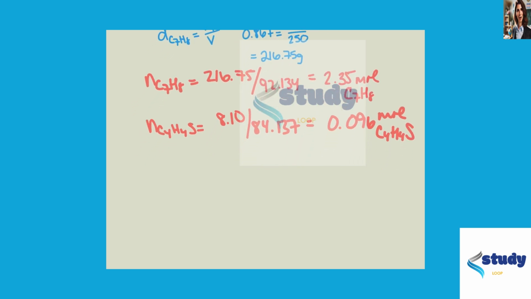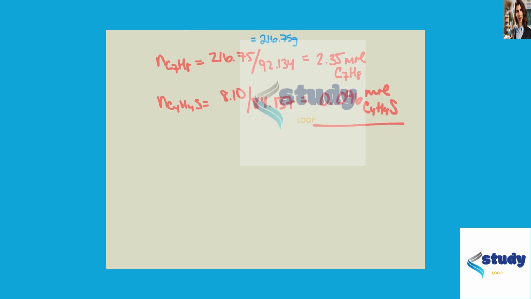So the total number of moles in the solution is going to be 2.446 moles. To find our mole fraction, we're going to divide 0.096 by 2.446, which gives us a mole fraction of 0.039.